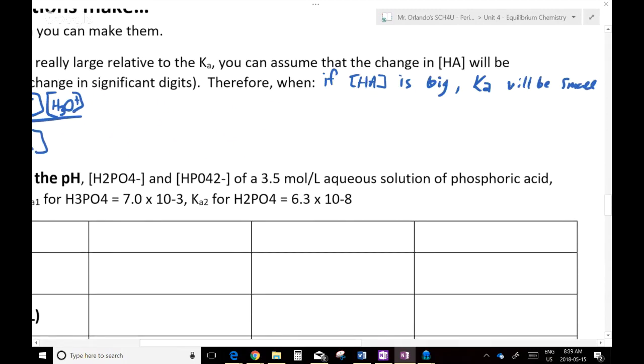And if that distance is big enough, if the concentration of HA is big enough and the Ka is small enough, when you do the math, you'll get this very lucky thing where when you solve for x, x will also be much, much smaller than the original concentration of HA. Does that kind of make sense? So you do all your math, and if Ka is really small, x will end up being small, right?